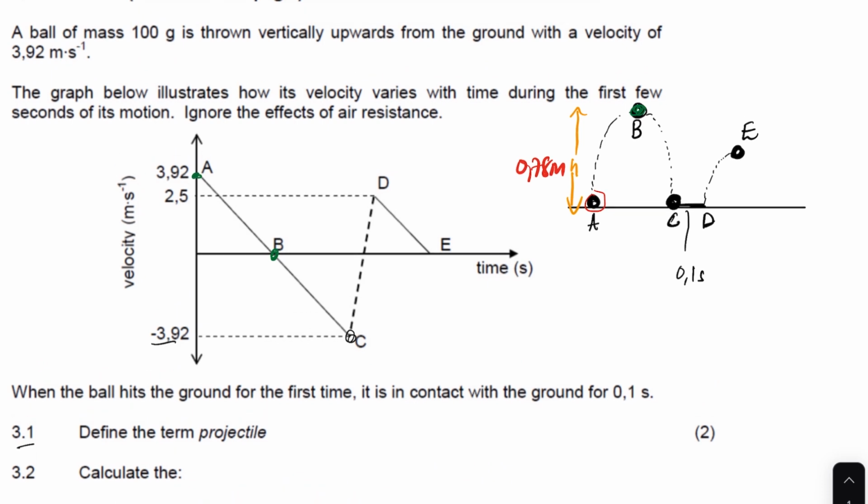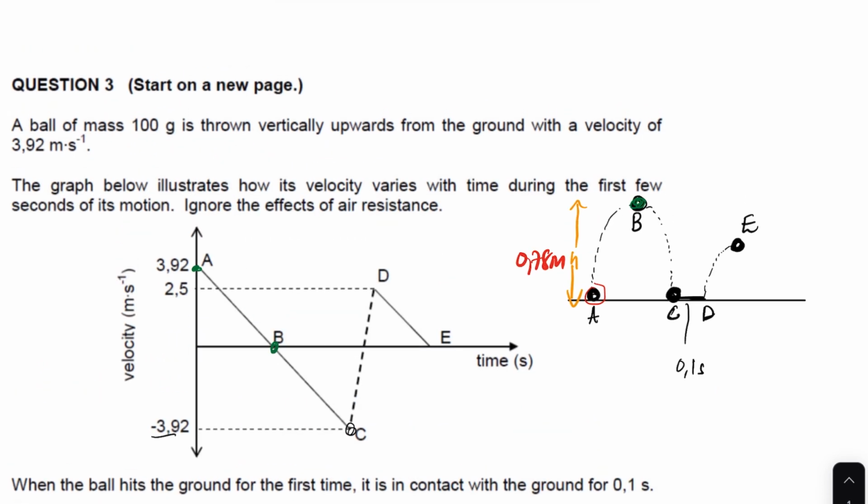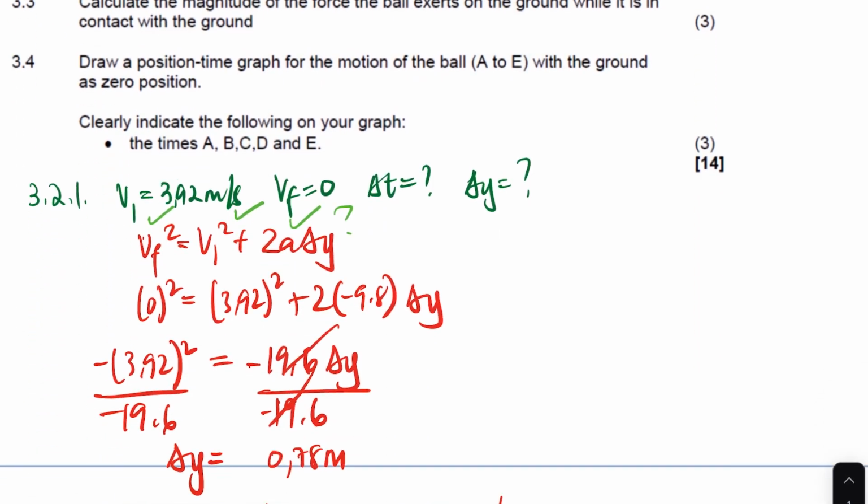Alternatively, you can calculate the time from here to here. The initial will be 3.92 and the final is 0, and you can use the displacement, so you can get half of that time, and then you multiply by 2, so it's going to be the same.